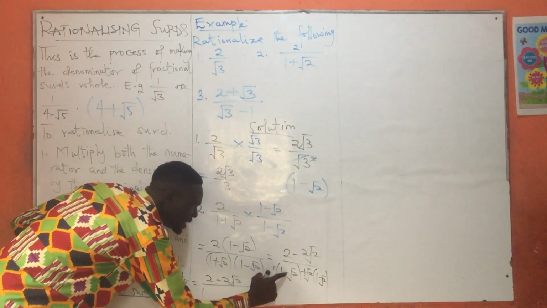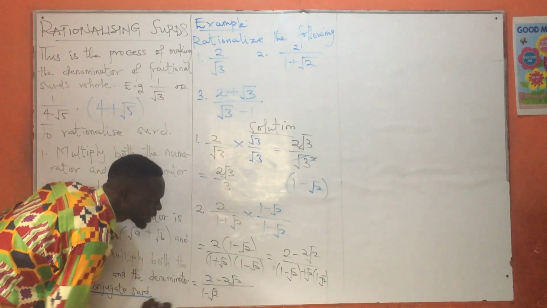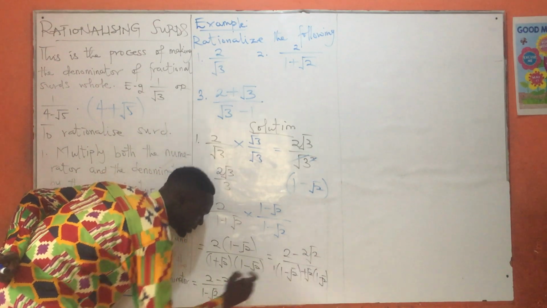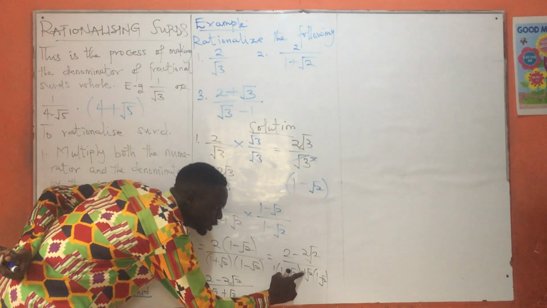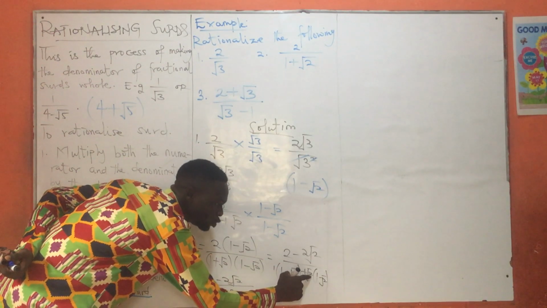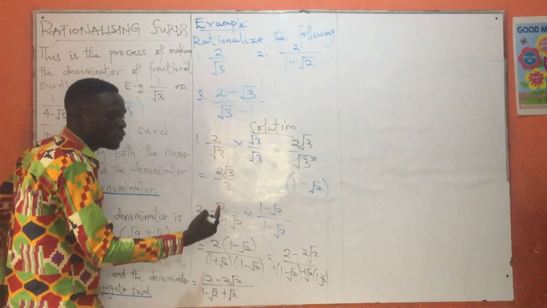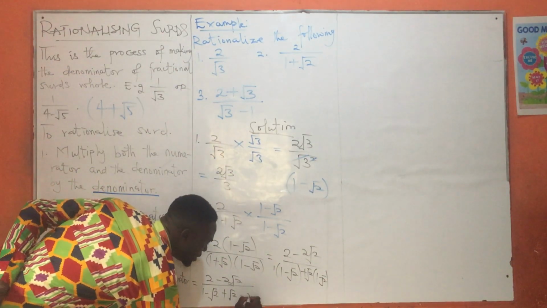Now 1 times negative surd 2 is negative surd 2. Then surd 2 times 1 will give you plus surd 2. Then you have surd 2 times negative surd 2, which will give you negative surd 2 squared, which is the same as negative 2.